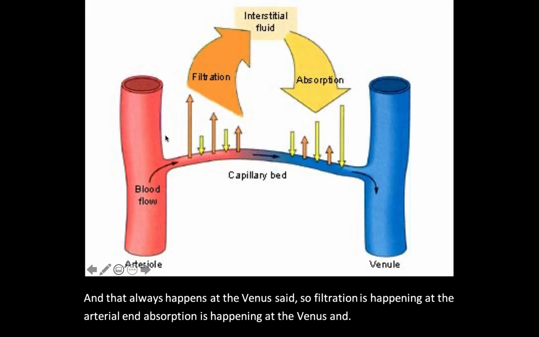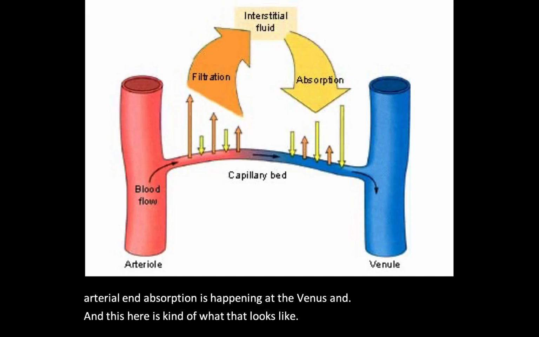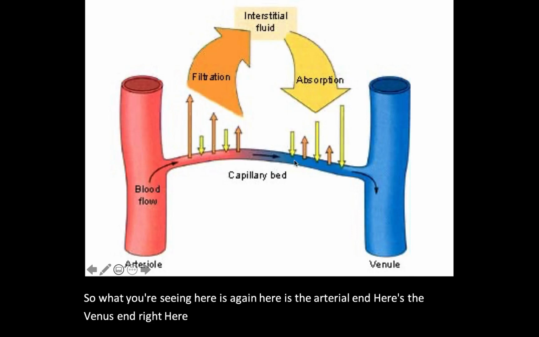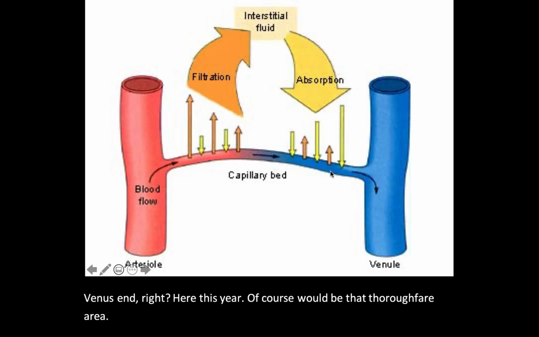And this here is kind of what that looks like. So what you're seeing here is, again, here is the arterial end. Here's the venous end right here. Right? This here, of course, would be that thoroughfare area, right, where the blood is passing through.